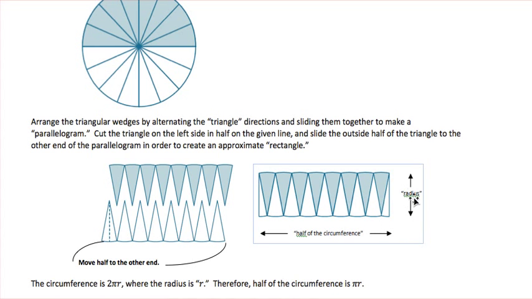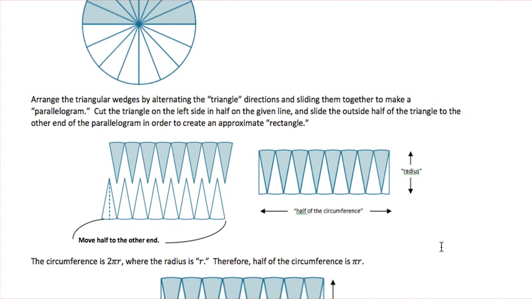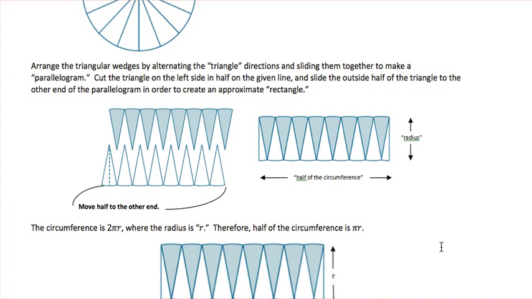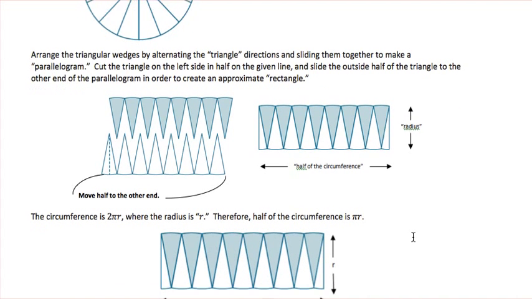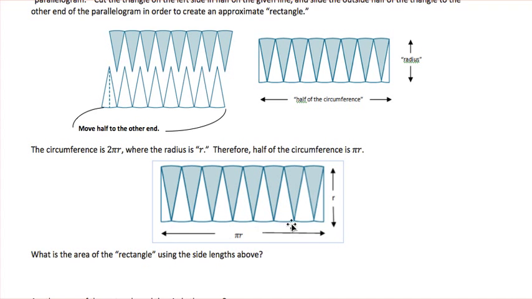Our radius is the width. Now, thinking this through, our length would be pi times r, and our width would be r, the radius.